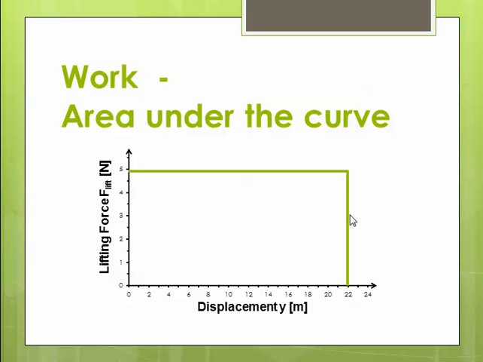So it is distance 22 meters times the force almost 5 newtons. Now if you do the calculation, you should come up with the same result as we had before.